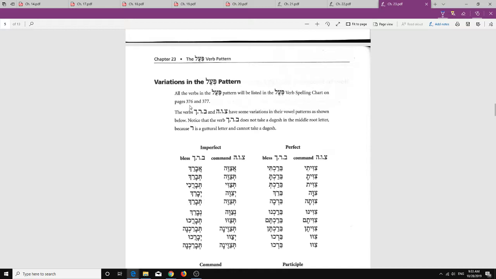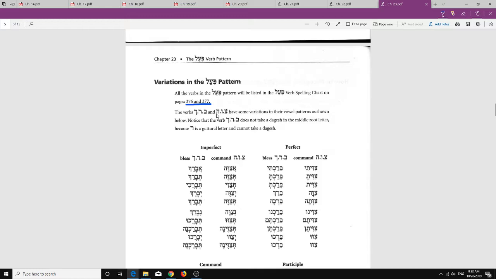Alright, so if you want to look at any word in particular that we have in our text in the pal, you can refer to pages 376 and 377. Now, the author wants to go through tsavah and barak because there are some specific variations between them.